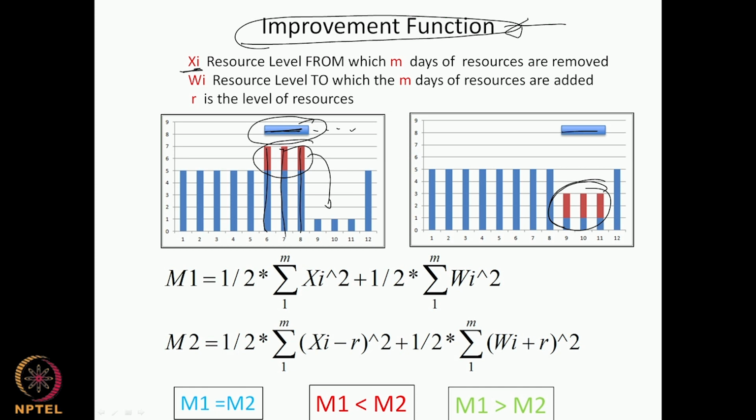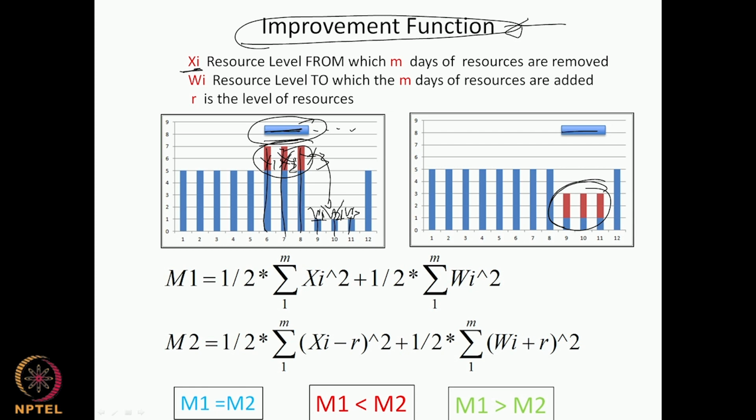Here in this case m is 3, so 3 days of resources were moved. And wi is the resource level to which the m days of resources are moved, so wi is these days. This is the original, before moving: xi and wi. I am going to write it here, this is xi, this is wi, and I can put it as w1, w2, w3, and x1, x2, x3, if that makes it more specific.